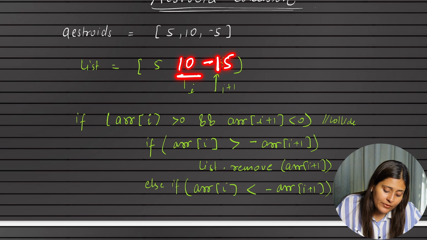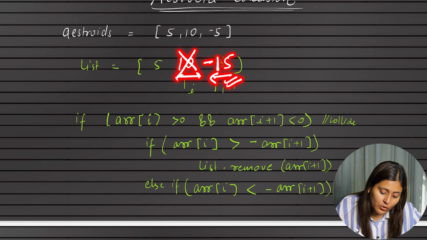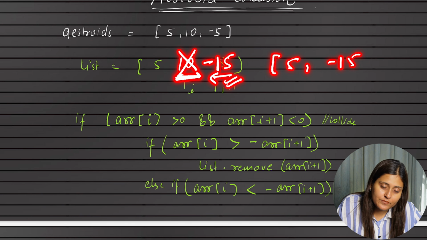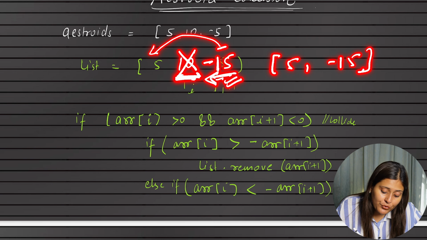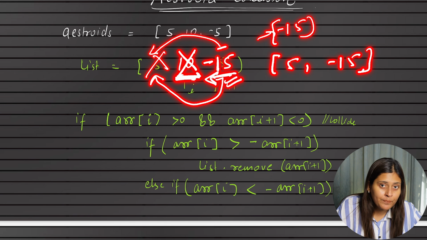So definitely when they collide, 10 will vanish, correct? Minus 15 is here. But when we remove this, don't you think the size of the array will change, correct? So this 15 also needs to be compared with this 5, because when 15 collides with 10 and 10 vanishes, then 15 will collide with 5 also, and 5 should also vanish, and at the end minus 15 should stay in our answer, correct?